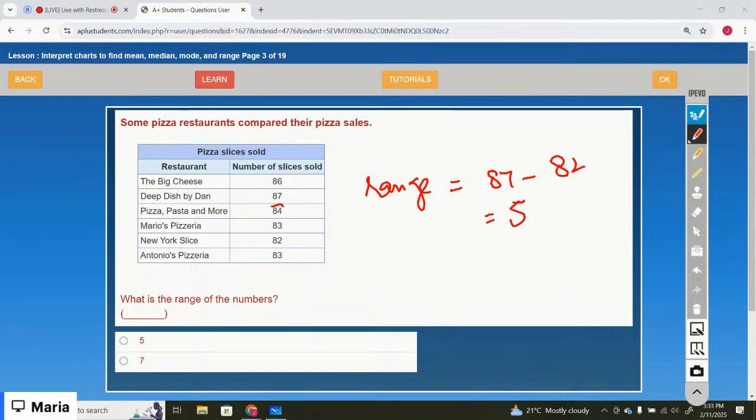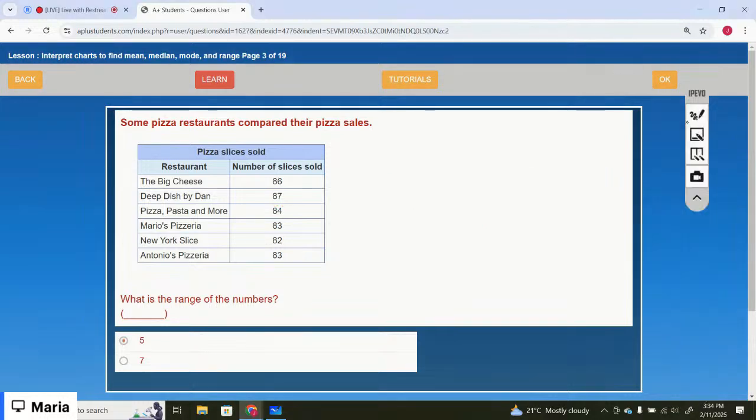The range of the given data set is 5. Option number 1 is the correct option.